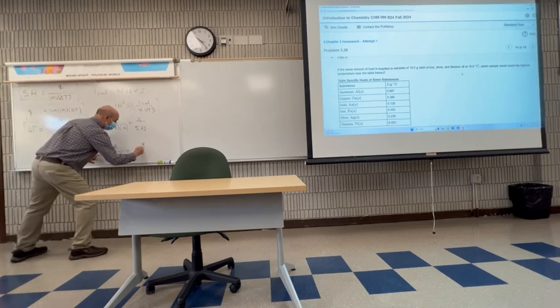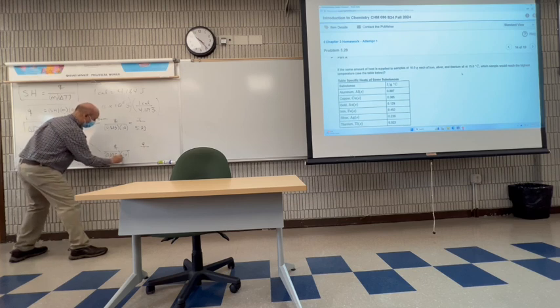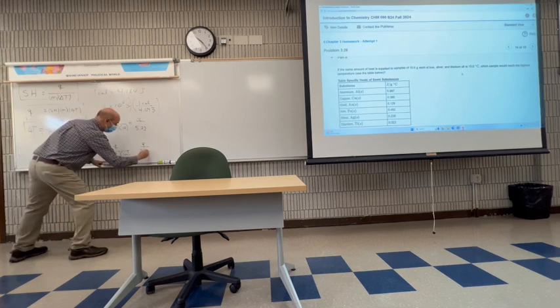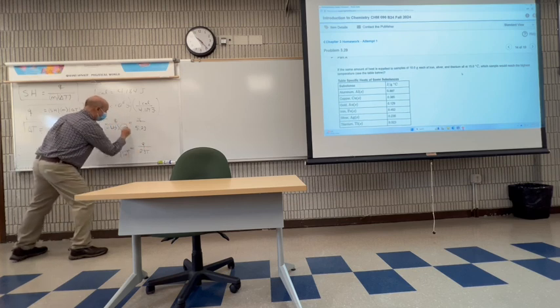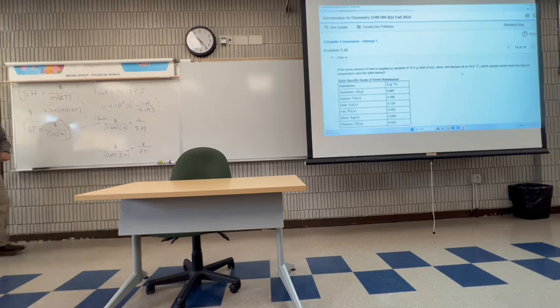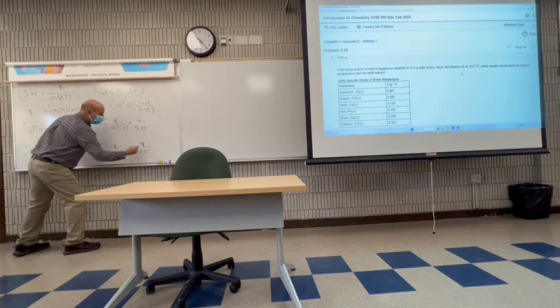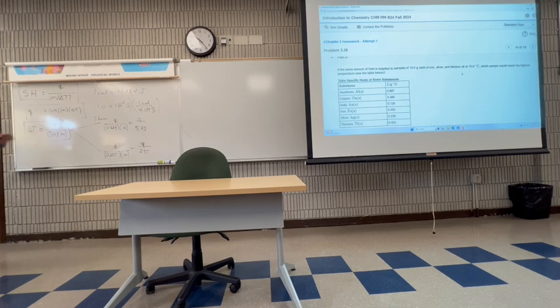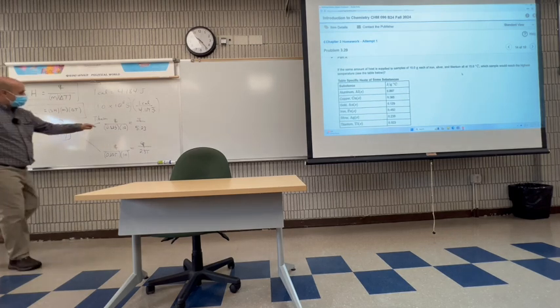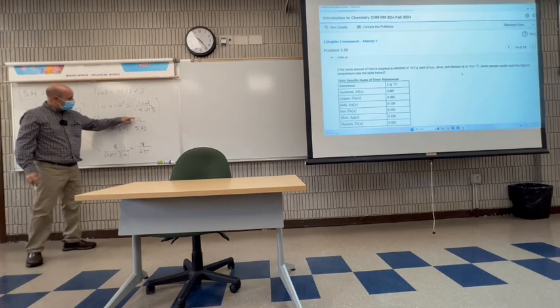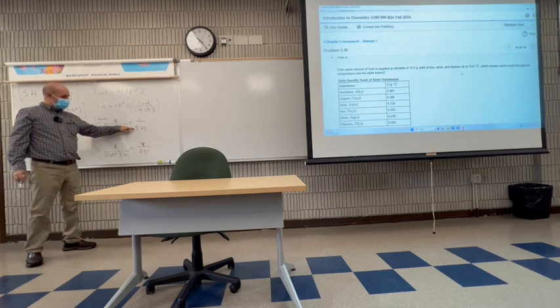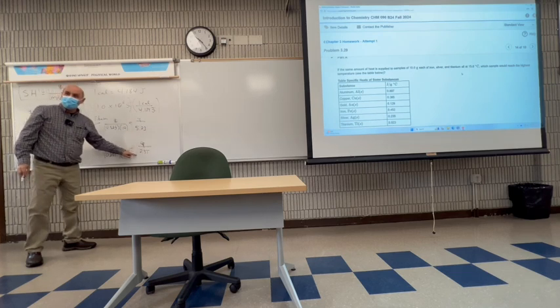What is this times that? 2.35, right? Now let's look at this for a second. This Q, we don't know what the value is. We can put any number that we want. But what I want you to see is that if this is 100 and you divide it by 5, and this is 100 and you divide it by 2, one is going to give you a bigger number. And the bigger number is going to be this one.